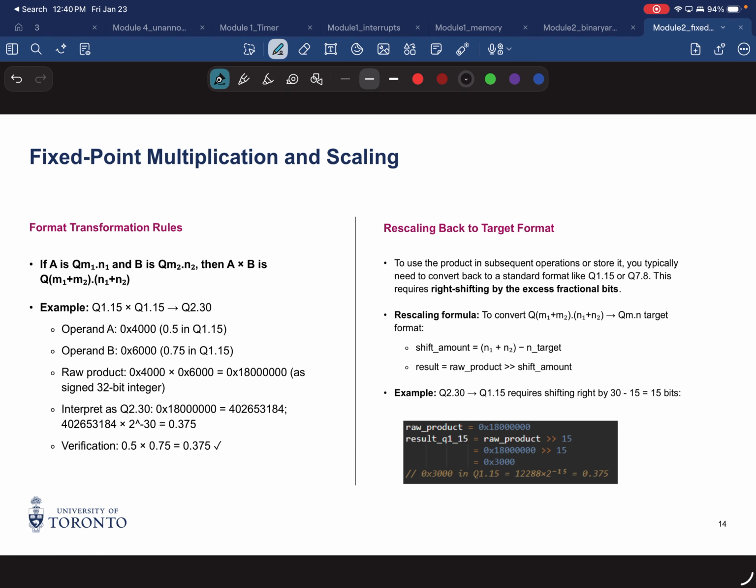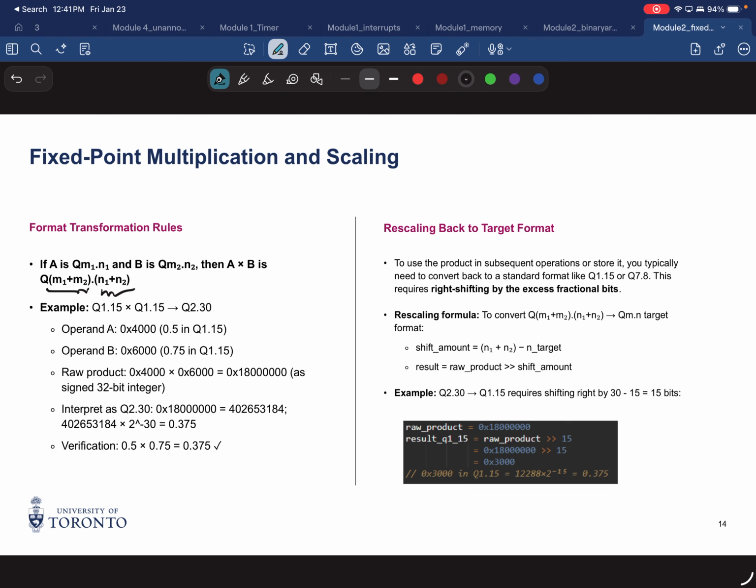And then for multiplication, what is important for you to know is that when you're multiplying two different formats, or let's say any formats, Qm1.n1 multiplied by Qm2.n2, your result is going to have the summation of the integer bits as its integer bits, and the fractional bits add up too.